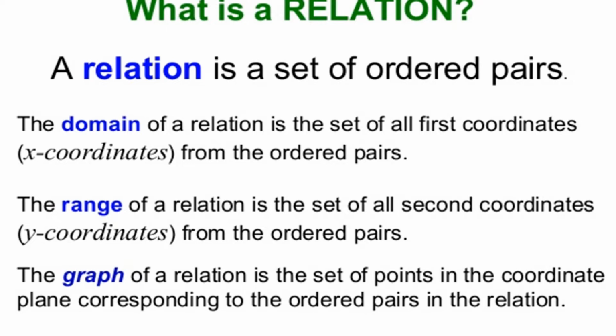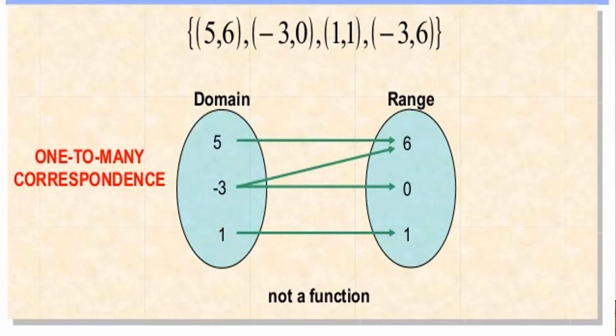And the graph of a relation is the set of all points in the coordinate plane corresponding to the ordered pairs in the relation. So, kung i-connect na natin yung mga given ordered pairs, it will form a graph. So, here is an example of a relation. It is by mapping, no?